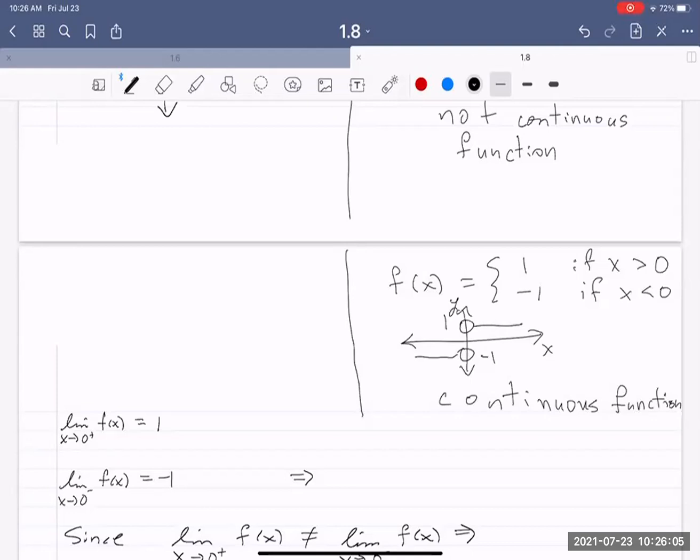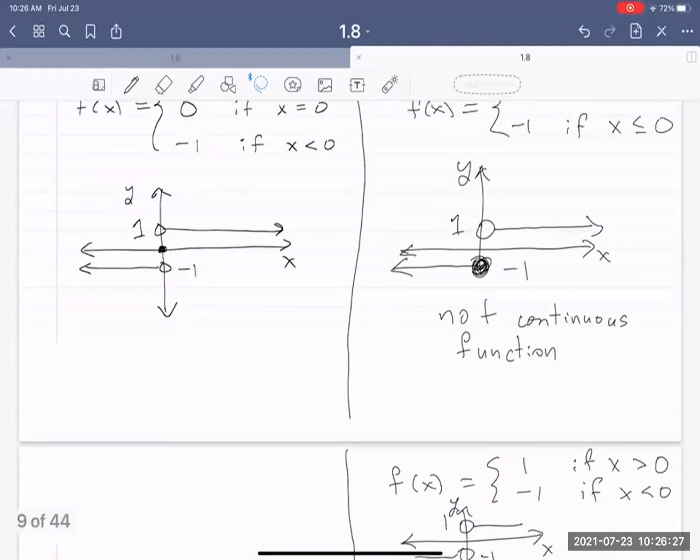The reason it's continuous is because, again, you put on blinders where it's not defined. I call this continuous here because I don't see this point, because that point is not in the domain. This at x equals 0 is in the domain.